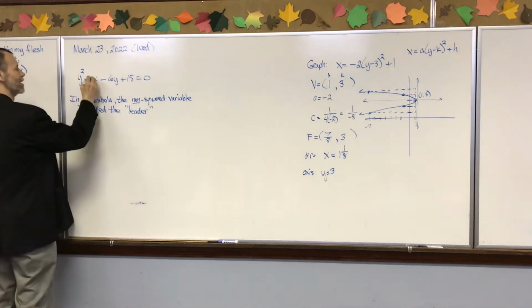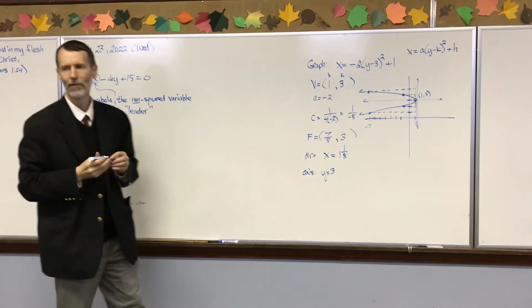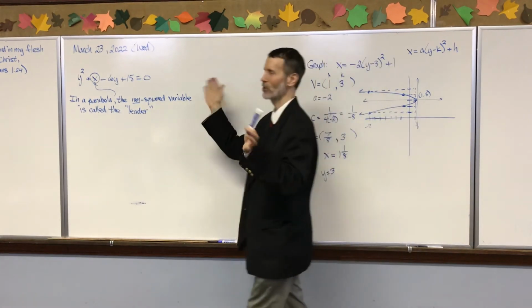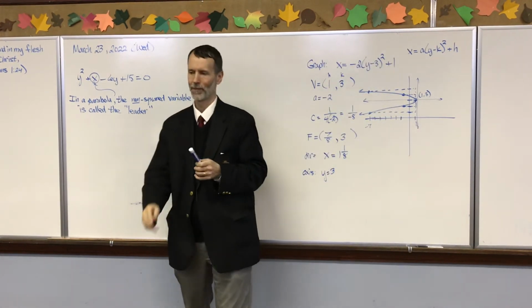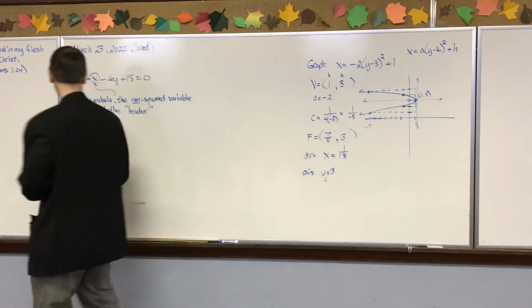In this case, it's x. The variable that in the formula is never squared ever. So there are no x squareds. That's the leader variable. How do you tell which way the parabola is opening?